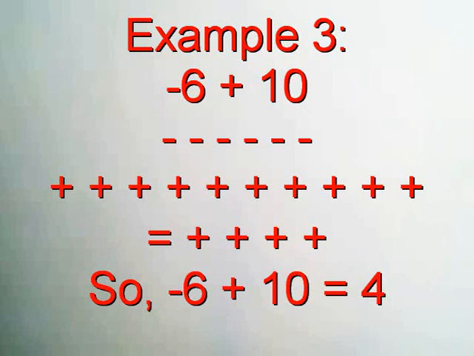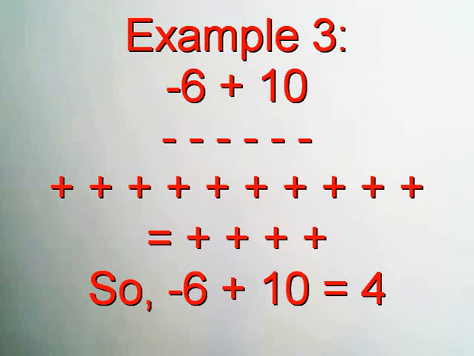Example 3. Most times when the numbers are written in a reverse form, students find it harder to see. But if you follow my easy rule, problems like these will not be difficult for you. Looking at this example, what is negative 6 plus 10?